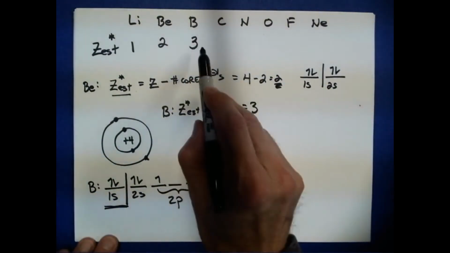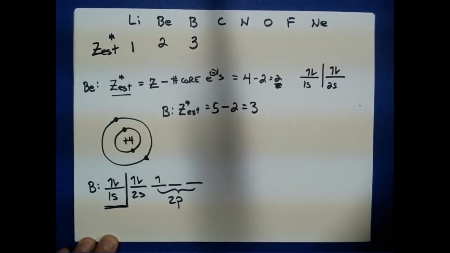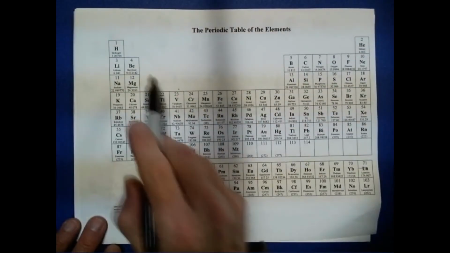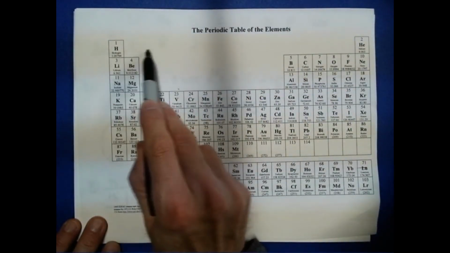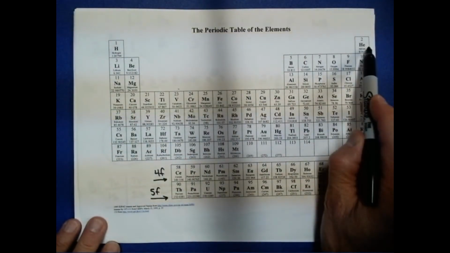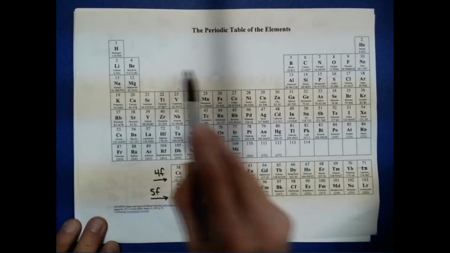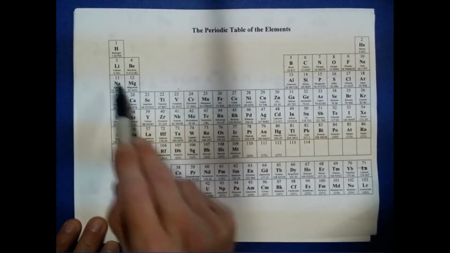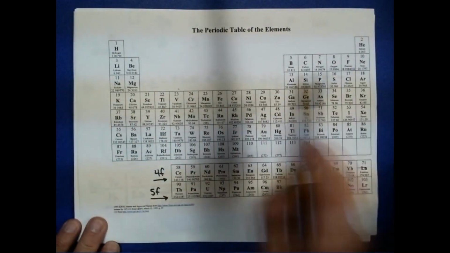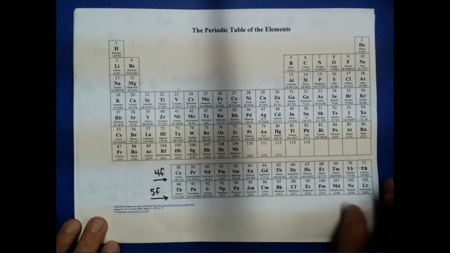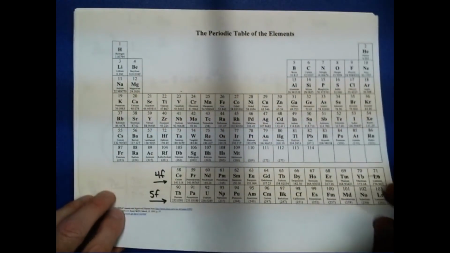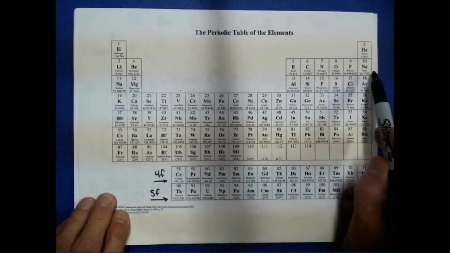And you might notice all the way across this second period, the number of core electrons is 2, right? Because the first 2 electrons go in the first shell, and in this period, we're filling the second shell. So these are all going to be valence electrons when we're filling this particular row of the periodic table.